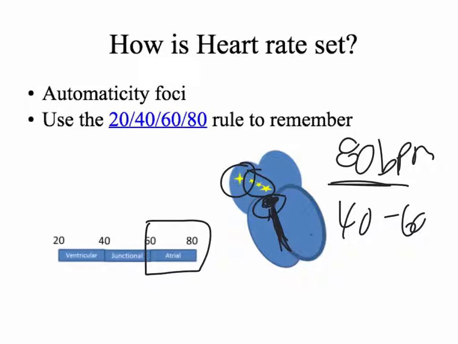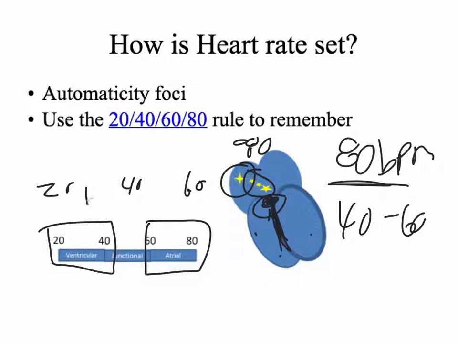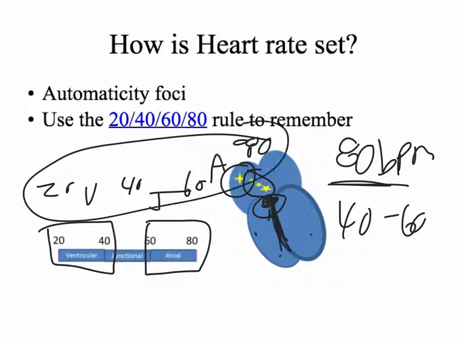And then, of course, you also have foci in the ventricles that will put you between 20 and 40 beats per minute. So like I've done down here, if you just put 20, 40, 60, 80, and then here you put ventricle, junction, and atria, then you'll have your automaticity foci and how fast they pace.